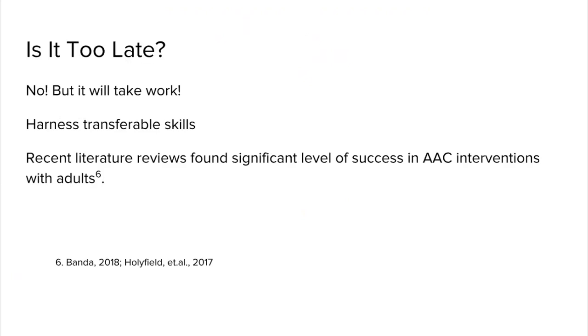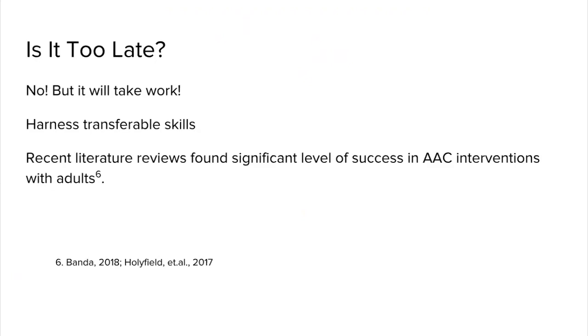Some tips here: harnessing transferable skills. If somebody's made it to adult services, they've had an education, they've learned many things. They probably have some real strengths. Perhaps they're fantastic at picture identification, or they follow routines really well, or they use gestural communication, or have great eye contact.